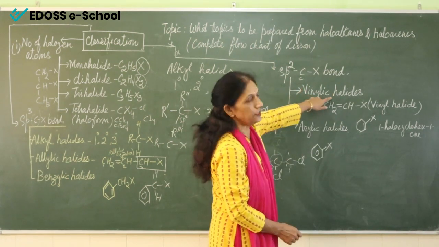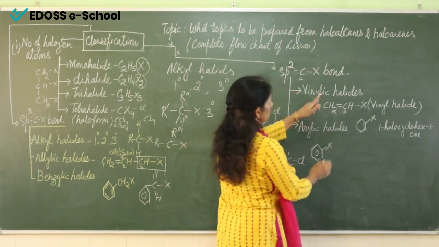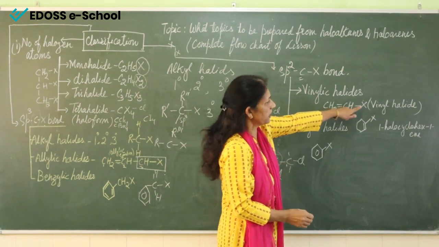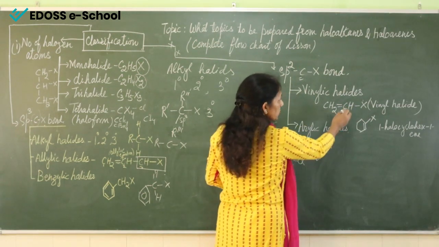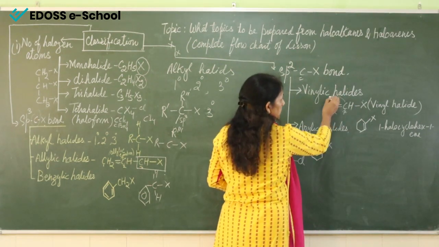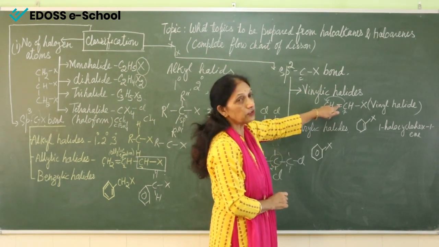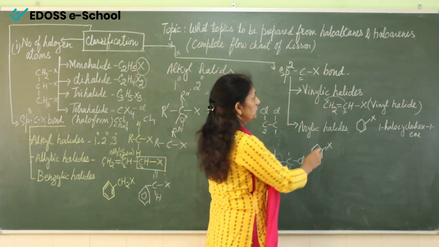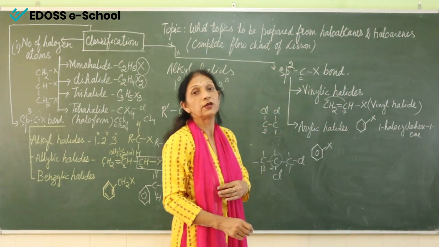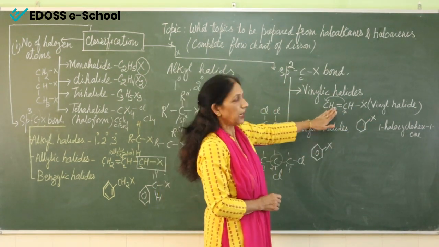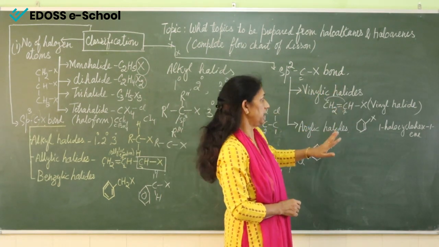So vinylic halides, here you can see this is the carbon which is attached with the halogen, and this carbon is attached with another carbon atom. Both the carbon atoms are attached with a double bond. So this is known as vinyl halide because this carbon is known as vinylic carbon.